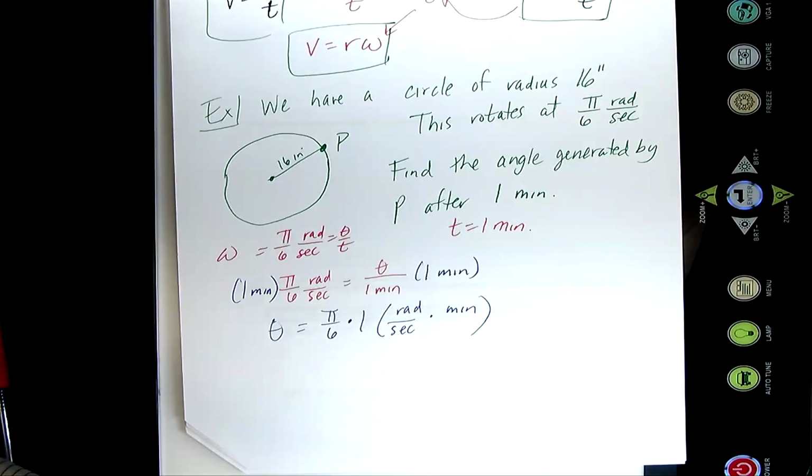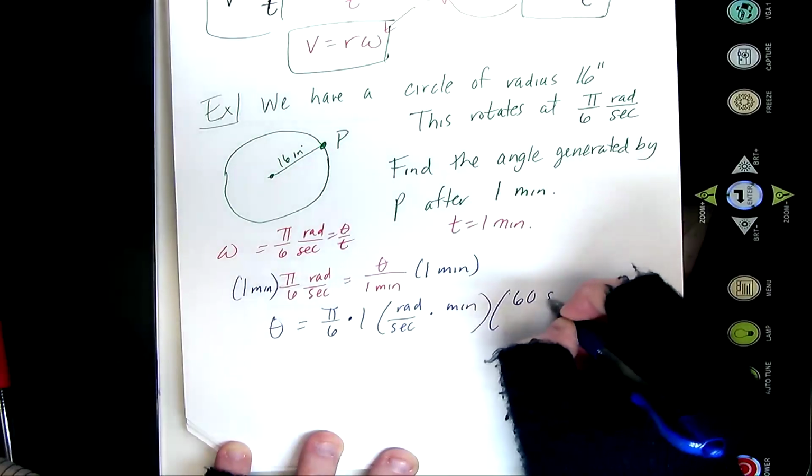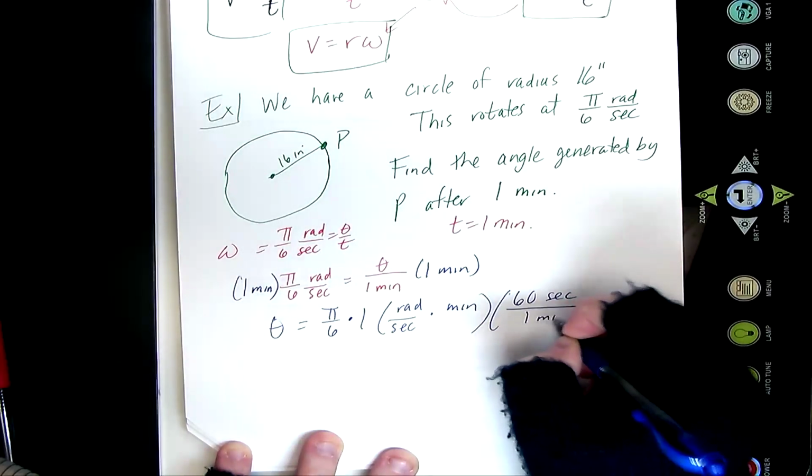That's not good, right? The time isn't canceling, the time isn't in the right units. So I need to adjust this. What can I do about adjusting this? We can convert seconds to minutes. There are 60 seconds in 1 minute.